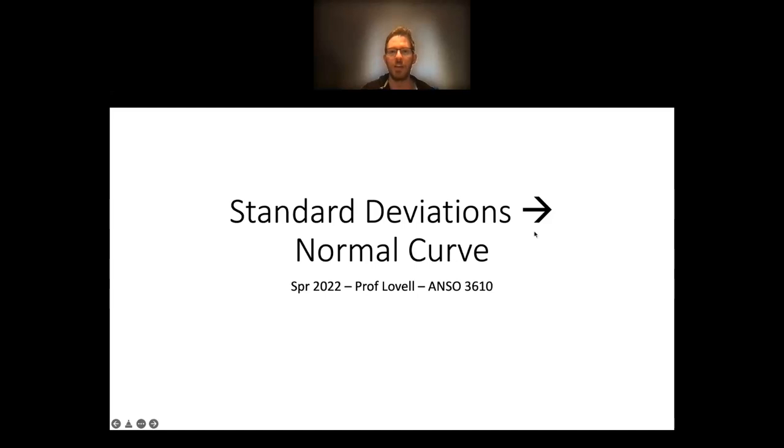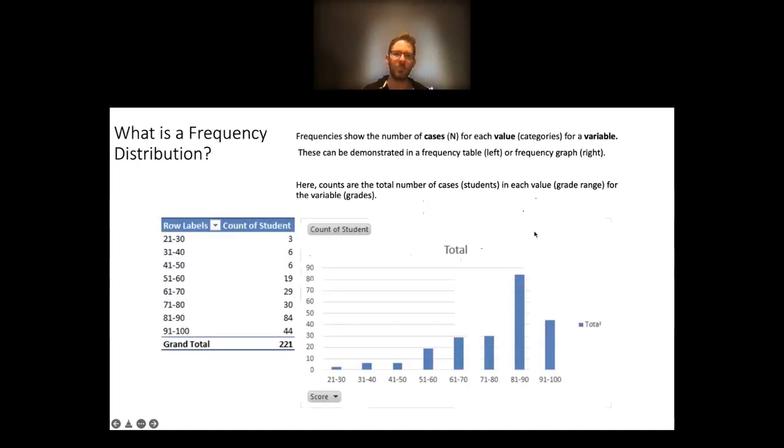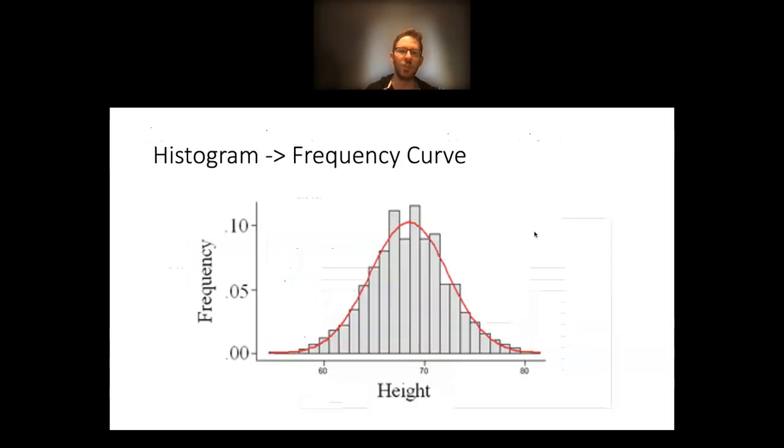So, as a reminder, a frequency distribution is the number of cases for every value for a variable. And when you graph them, it gives you the frequency curve.